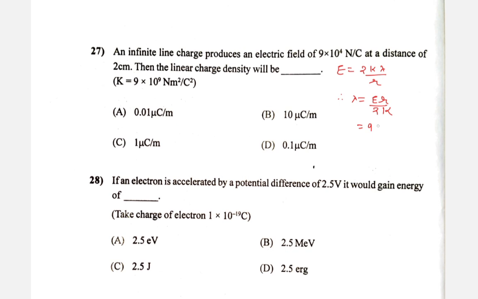The electric field is 9 into 10 to the power 4, multiplied by 2 into 10 to the power minus 2, divided by 2 into 10 to the power minus 9 into 9, which is k. So 9 cancels, 2 cancels, 10 to the power minus 4, which means 0.1 into 10 to the power minus 7, that is 0.1 into 10 to the power minus 6. So 0.1 microcoulomb, option D.